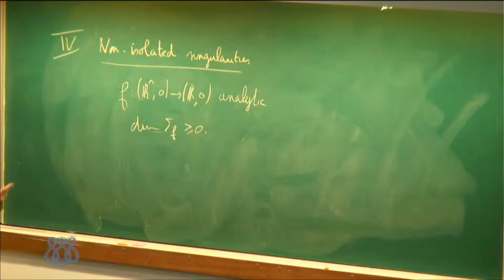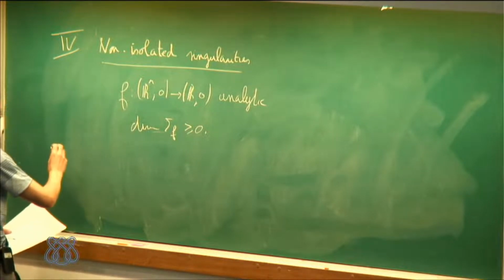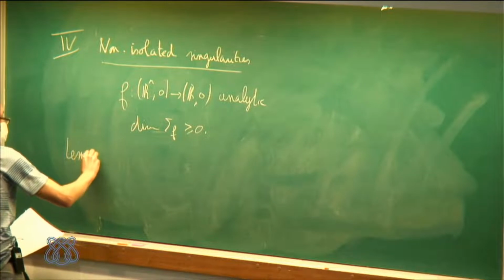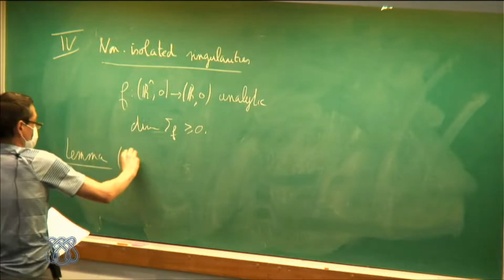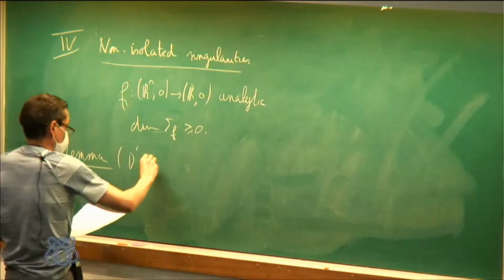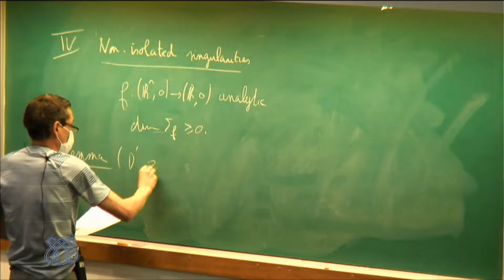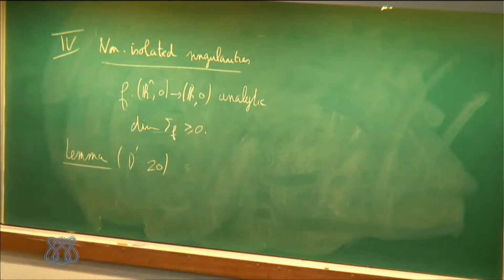So let me present a very easy lemma, but useful. This is something I proved when I was visiting the singularity group here, but it appeared in the proceedings of the 2018 conference here.